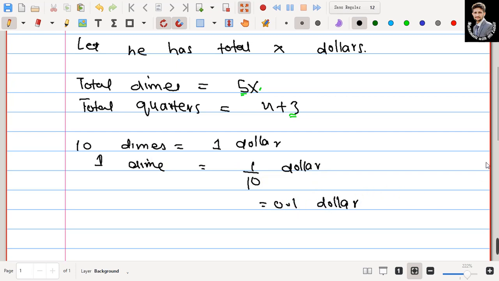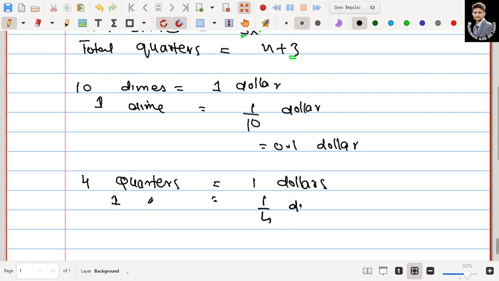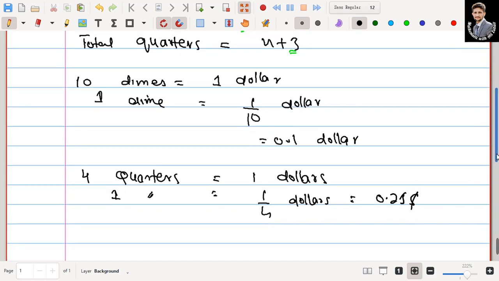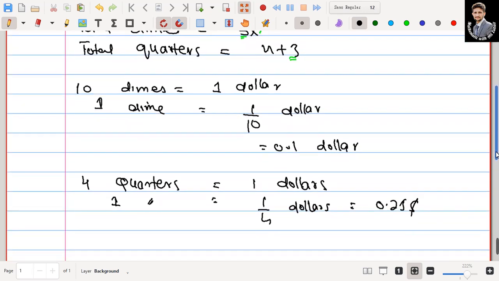Now quarters: 4 quarters is equal to $1. So 1 quarter is equal to 1 over 4, that is $0.25.